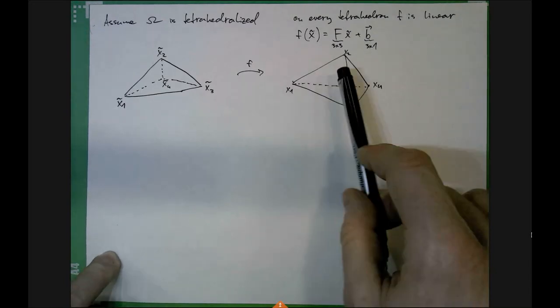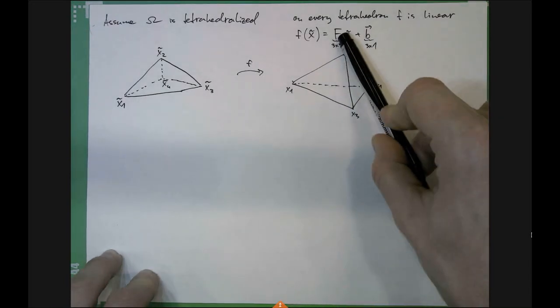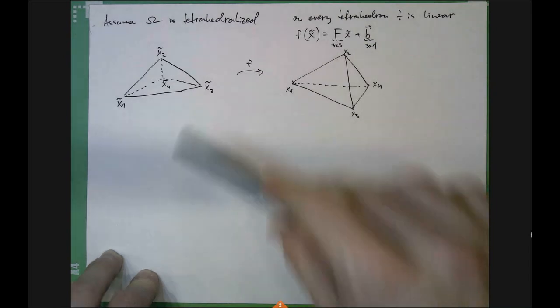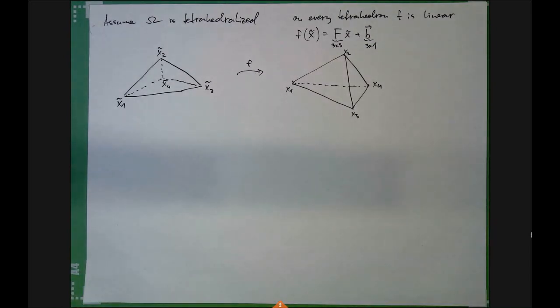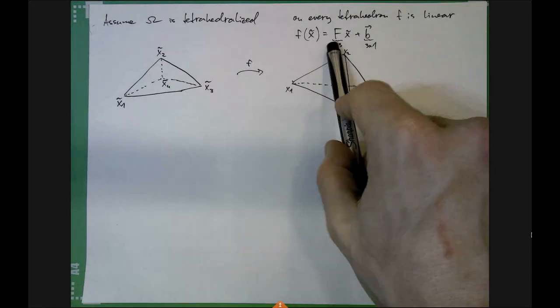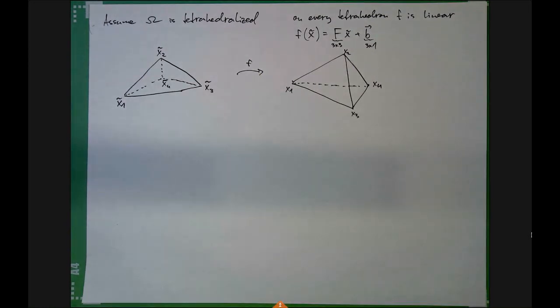And we need to find out what is the deformation gradient, the capital F, of this mapping, lowercase f. Here we have another lowercase uppercase, but at least here you can sort of tell which is lowercase and uppercase, right?